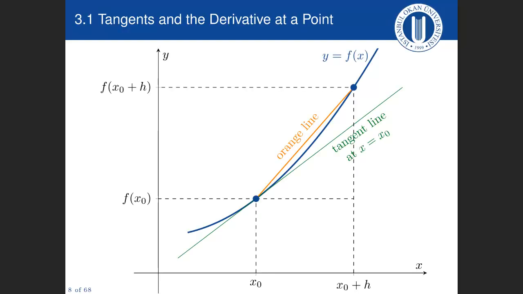Now we know the width of this triangle, and we know the height of this triangle. The width, or the base of this triangle, is going to be the difference between x0 plus h and x0. And the height of this triangle is going to be the difference between f calculated at x0 plus h and f calculated at x0.